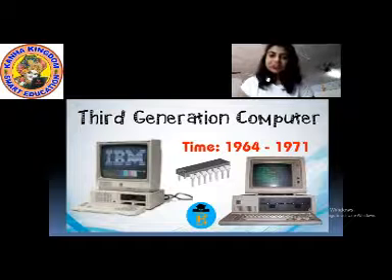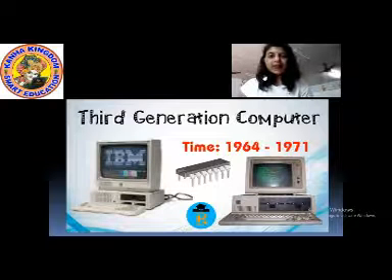It is very much smaller and more reliable than the computers in the second and first generation. It became smaller and cheaper too. Can you compare?